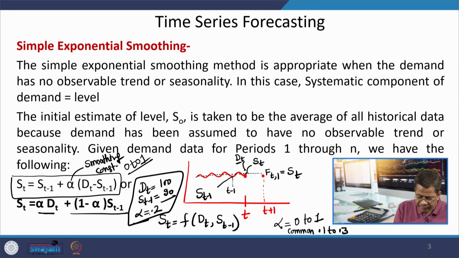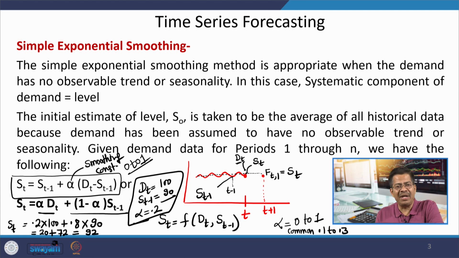With this data, 0.2 into DT 100 plus 0.8 into 90, that becomes my ST, and that is 20 plus 72, 92 is my current base value.